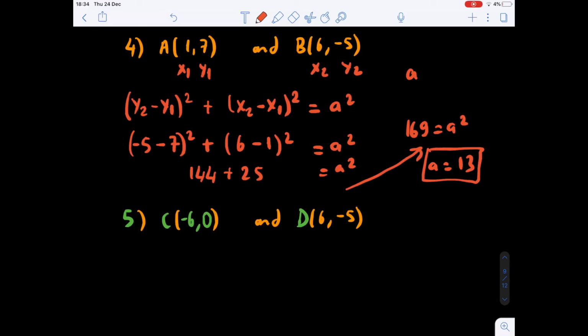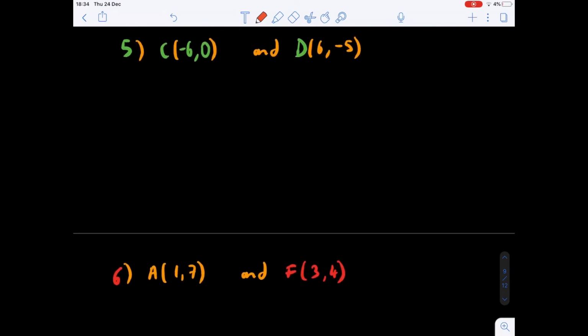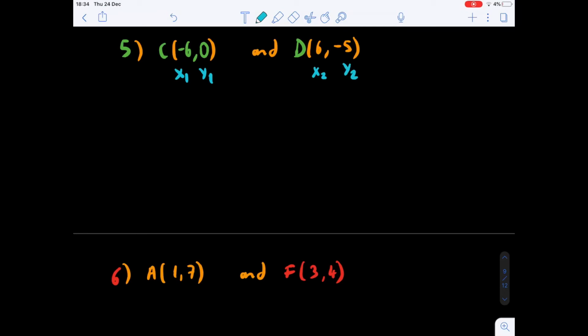So, example 5. I'm going to name again. Here is x1, here is y1. Be careful. Here is x2, here is y2. So y2 minus y1 squared plus x2 minus x1.